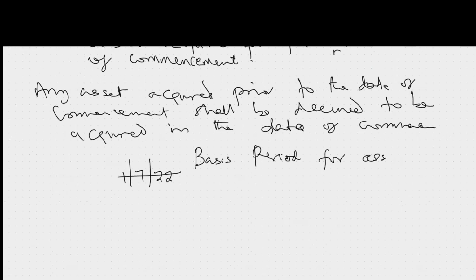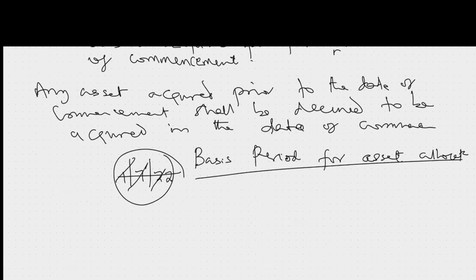So basis period under capital allowance is mainly for asset allocation. But before that, we need to go back to our basis period rule. When the company commences operation, the company will be assessed with tax from the date of commencement to the end of the first accounting year end. That will be 30/9/2022.